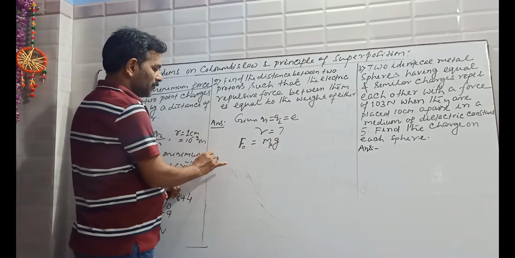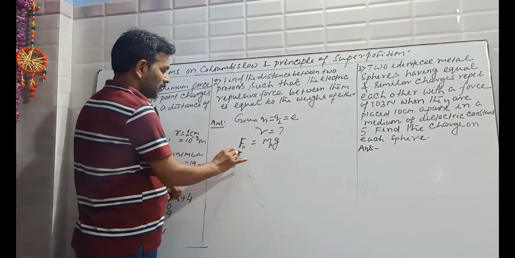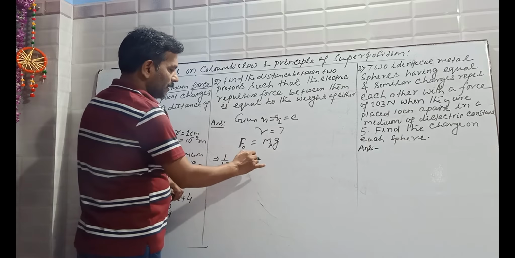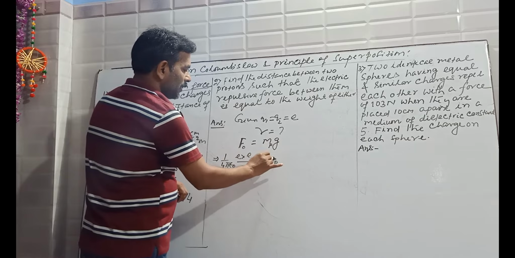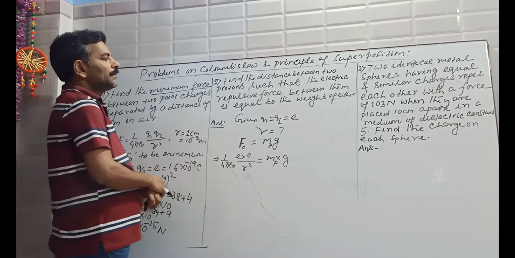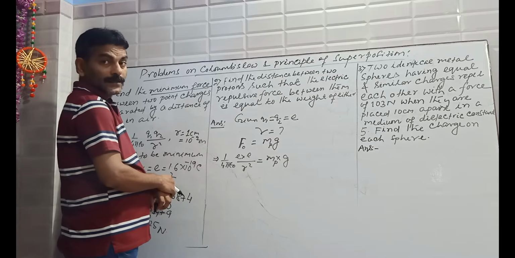So what will the force be, you see? 1 by 4 pi epsilon naught, E into E by R square, equals mass of proton into G. Okay? We have to find the distance.